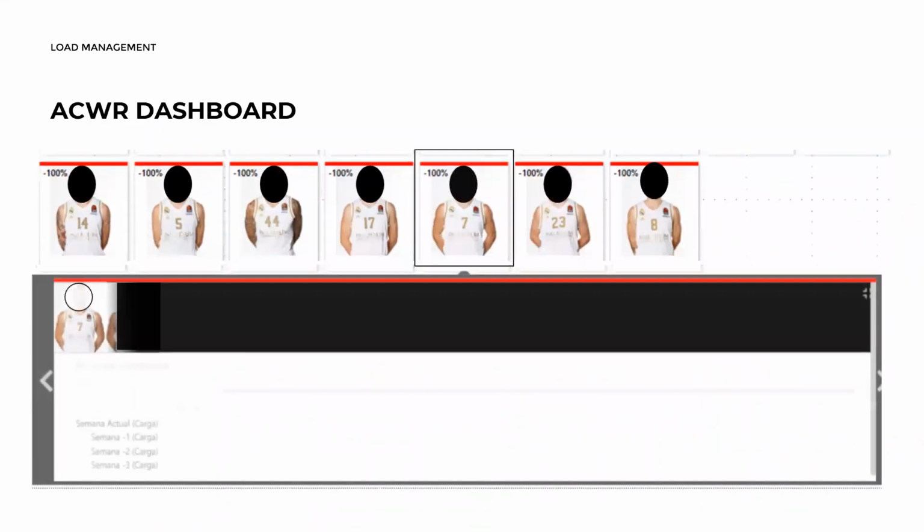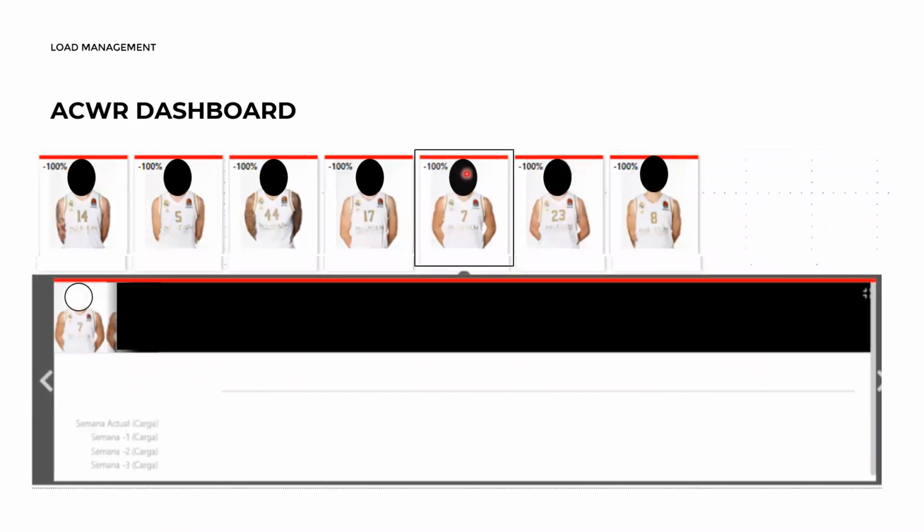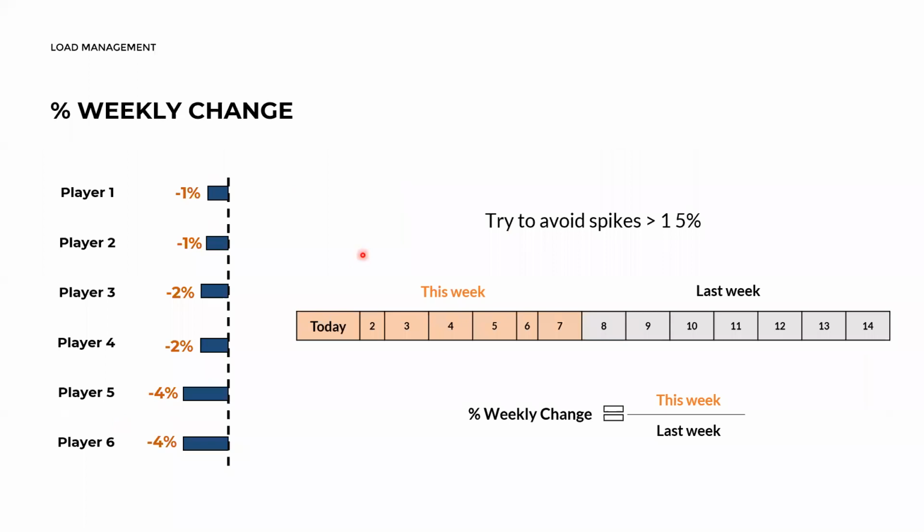For example, if we select a specific player, we can understand the load in the last week, the 2 days before, 3 weeks before, and understand where the data is. Another metric that we use is the weekly change, which lets us avoid spikes over 15%.